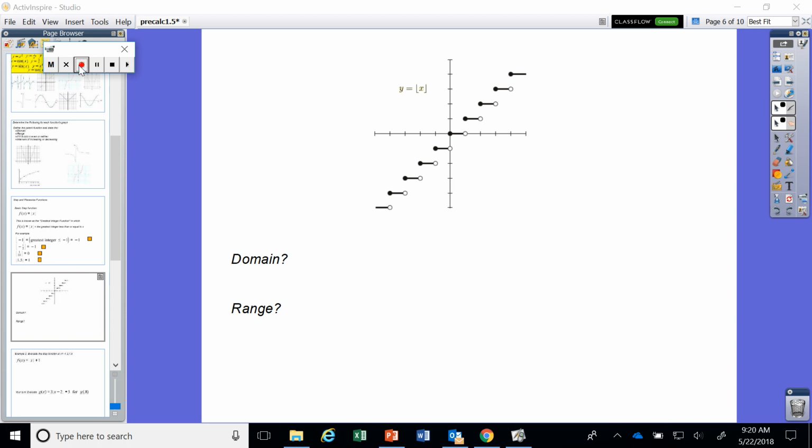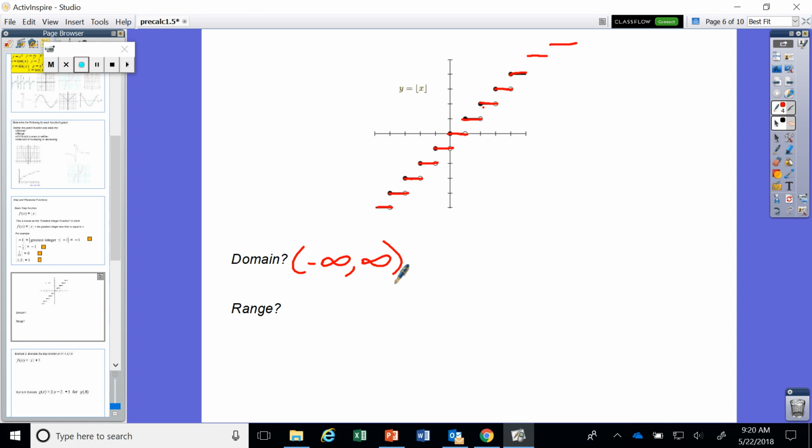Follow the graph as you look at it here. As you trace down those x values, think about what's happening in this example. You're going to reach every single x value at some point, even though it's not continuous. You're going to hit every single x value, so we have negative infinity to infinity for our domain.